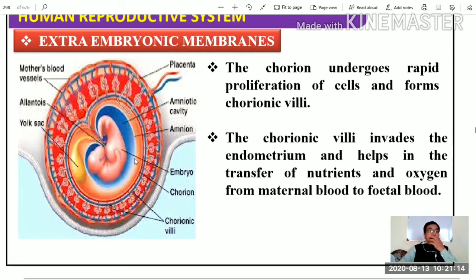Then the amniotic cavity is here, and the amnion is also here, where the embryo develops gradually. Then the chorionic villi are here. The chorionic villi invade the endometrium and help in the transfer of nutrients and oxygen from maternal blood.